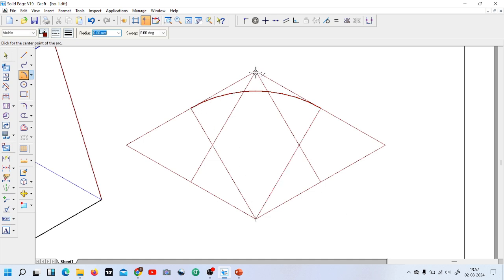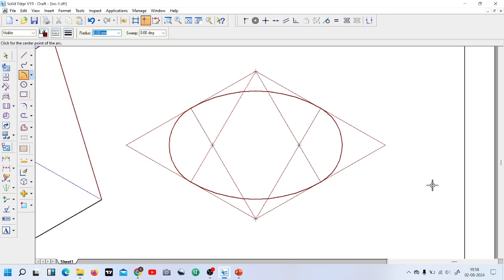Similarly keep this as the center point and draw an arc here. Now keep the center point here. Okay, now it is not taking. Let us try here first. Here also it is not taking. Or else you take a center point over here. You can start from here. Take the center point over here.